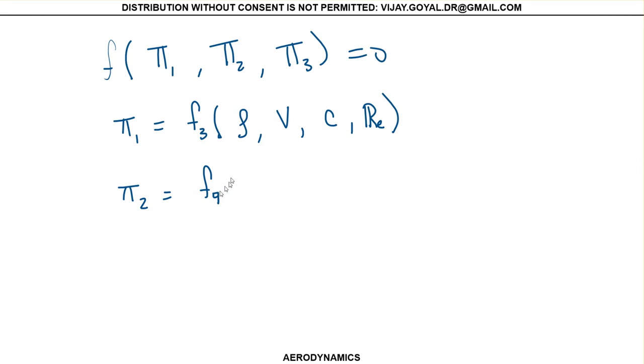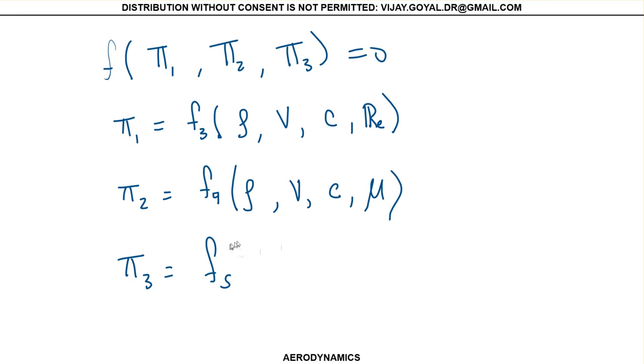It's a different function, and it's a function of rho, V, chord, and viscosity. Let's suppose I have another function that is a function of rho, V, c, and my speed of sound a.